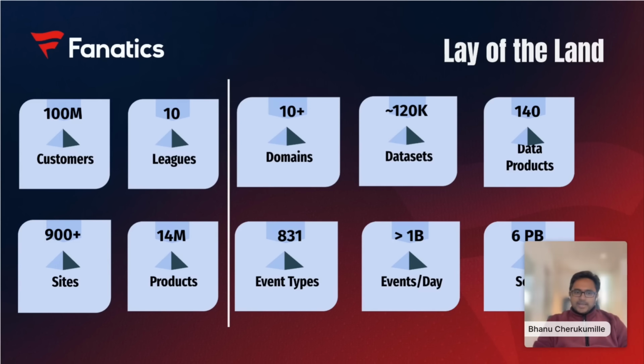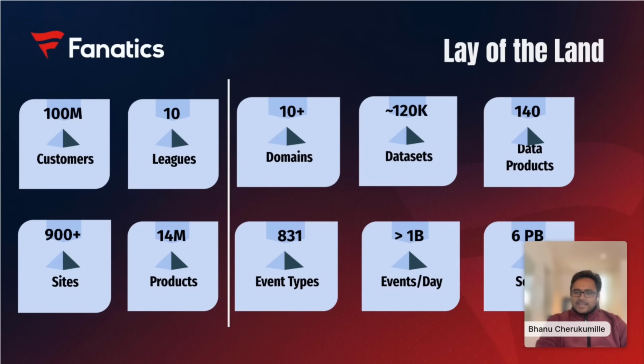Anything original that you're buying is predominantly coming from Fanatics. And currently we are close to about 100 million recognized customers who come and shop. We call it the universe's largest sports customer database. And we support 900 different websites and 14 million product SKUs for folks to come and shop with us.